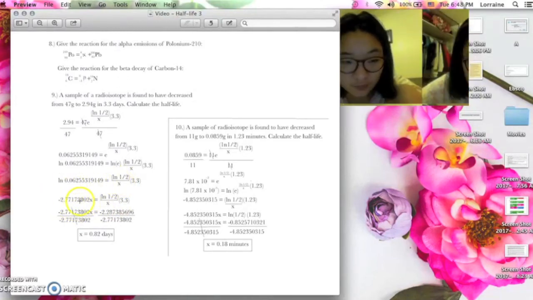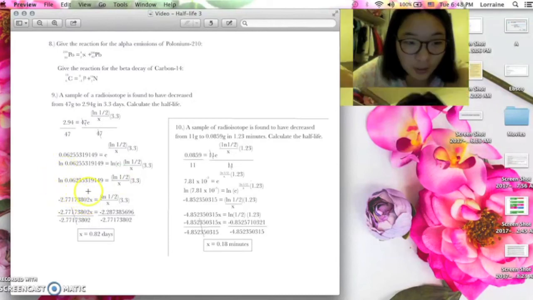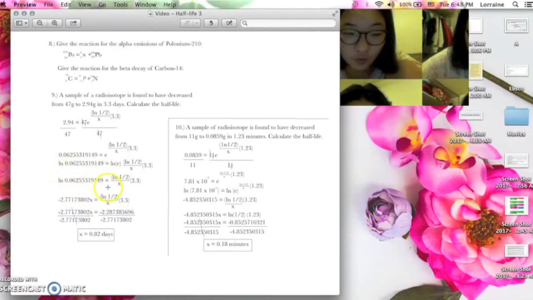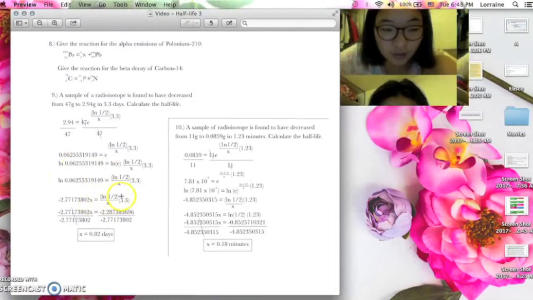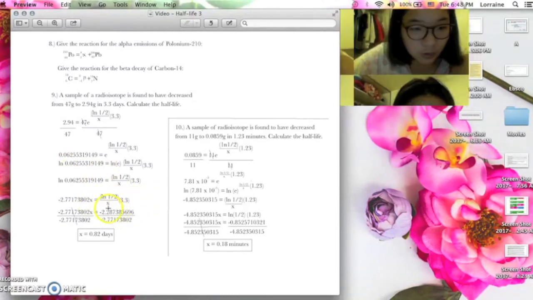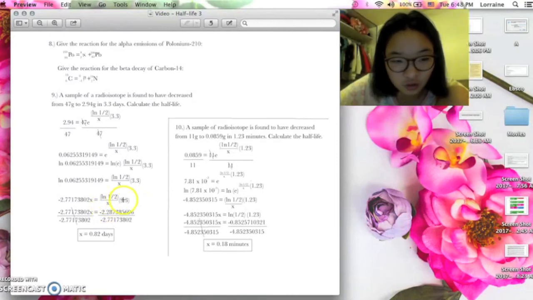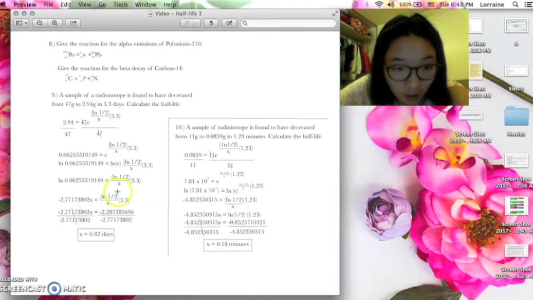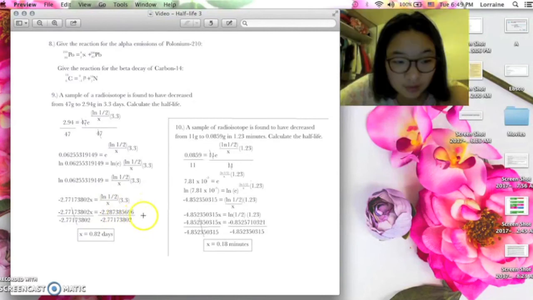The negative 2.77 there came from ln of 0.06255319149. And after that, ln of 1/2 over x times 3.3, we just cancel this out because this is redundant here already. Once again we transpose and cancel out the redundant stuff. And x times ln of 1/2 times 3.3 is negative 2.287385696. So we cancel this out and then divide this number here, and we get 0.82 days.